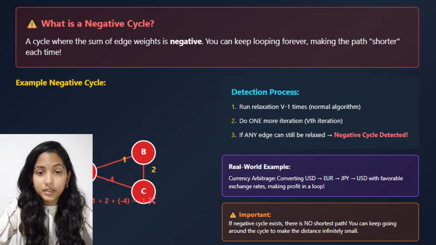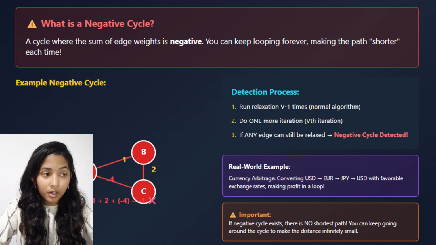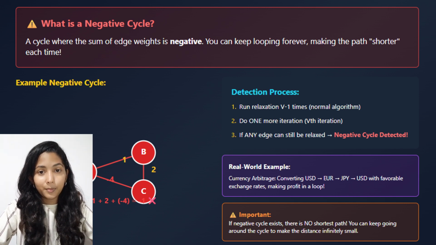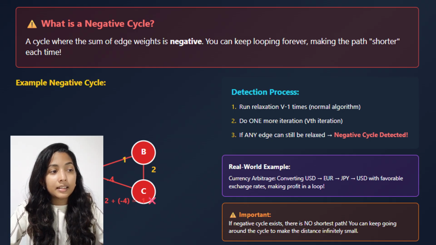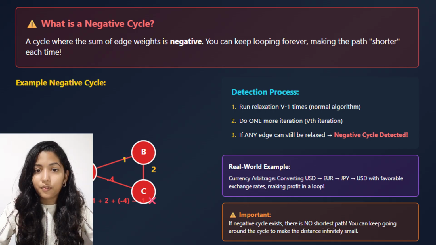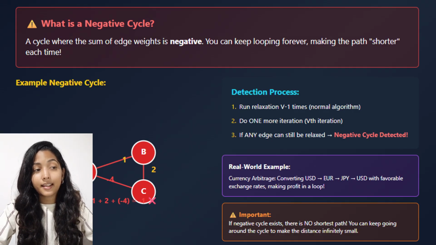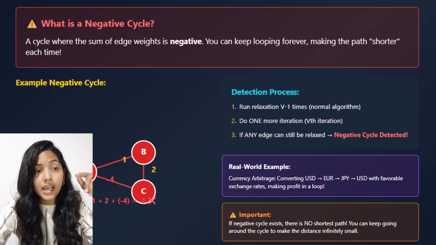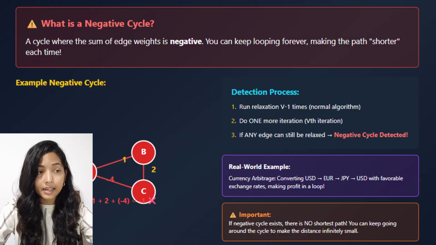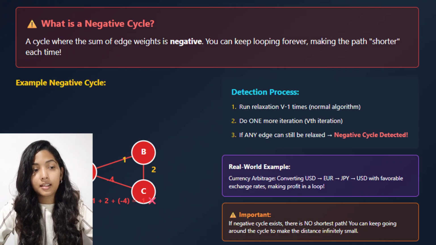Normally Bellman-Ford does V minus 1 iterations. V means vertices. So for 3 vertices, there are 2 iterations. If we can still relax an edge after V minus 1 iterations, it means we have a negative cycle. Every time we go around the cycle, we subtract 1 from our total distance.